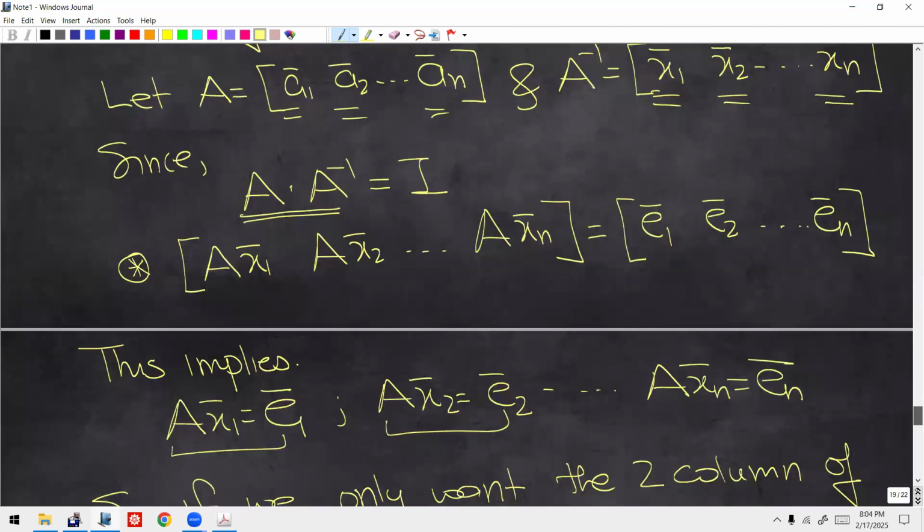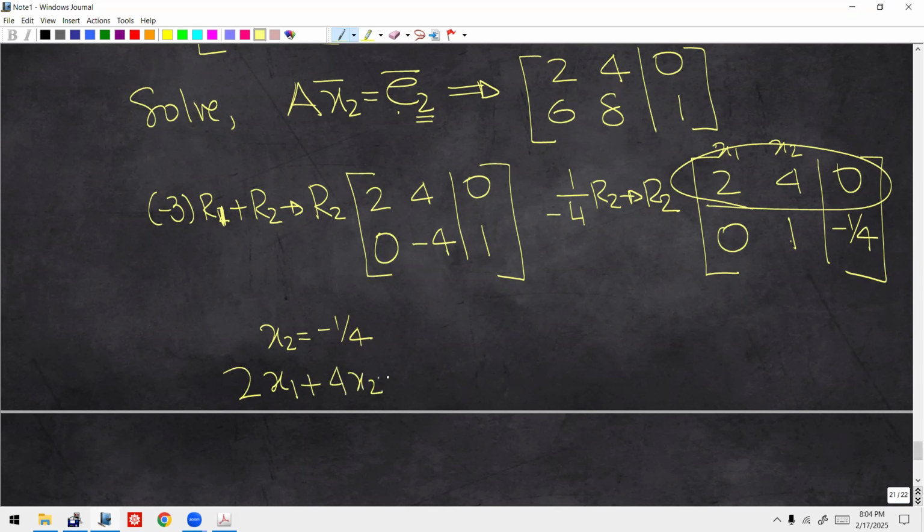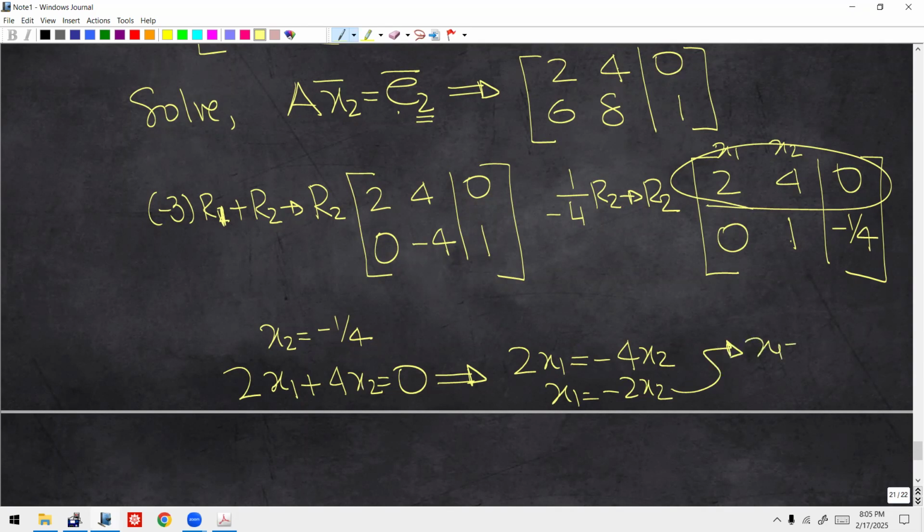Let's see if we can get a half here. The first row tells us 2x1 plus 4x2 is equal to 0. So 2x1 is equal to -4x2, so x1 is equal to -2x2. Then replace x2 with what we know: x1 is equal to -2 times -1/4, because that's what x2 is. So we get 1/2, which is exactly what we wanted.